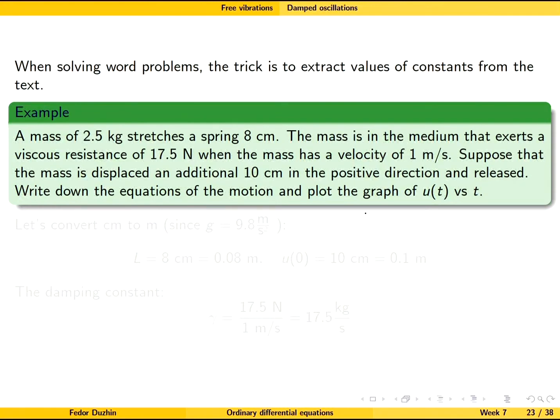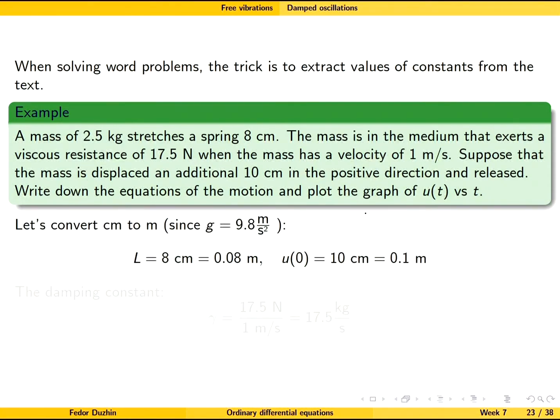Remember that when we derived the units of the damping constant, the units were kilograms per second, so you can deduce that the damping constant should be 17.5 newtons divided by 1 meter per second.